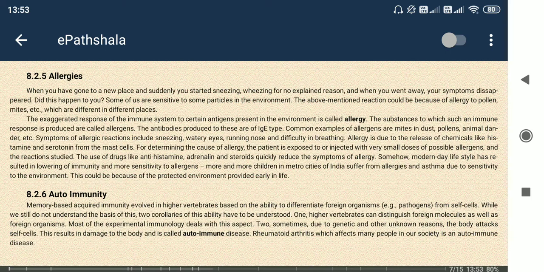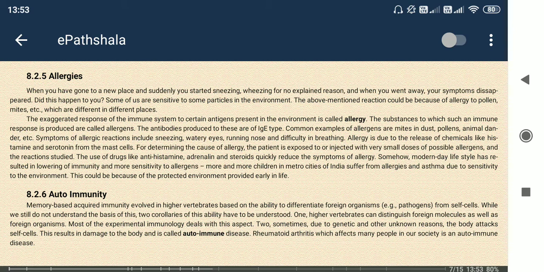Okay, so the next one is allergy. Allergy means some people, not all, only some people face problems. Some people react to some foreign particles. A chain of reactions occurs inside the body in response to some foreign particles in some patients, and that is allergy.